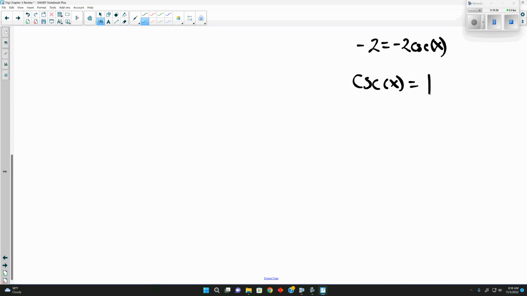But cosecant's the same as 1 over sine. So sine of x, if I flip the value, is going to be 1, because 1, if I flip it, is still 1. So where cosecant of x is 1, sine of x is actually also 1. So we're trying to find the value where sine of x is 1. So in this case here, x would be pi over 2.